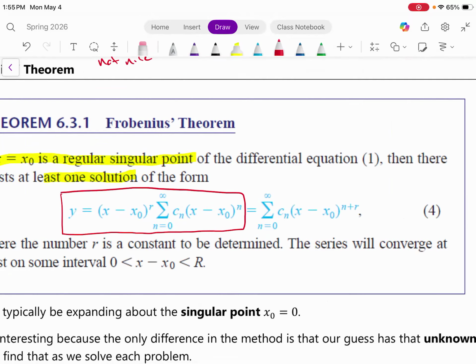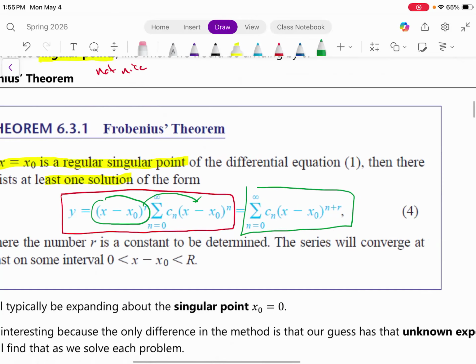We're always guaranteed that. This is quite a lengthy solution, so what we want to do is distribute this (x minus x naught) raised to the r and combine it with (x minus x naught) raised to the n to combine this power series, where it's just c sub n times (x minus x naught) to the n plus r, which is much easier to write.